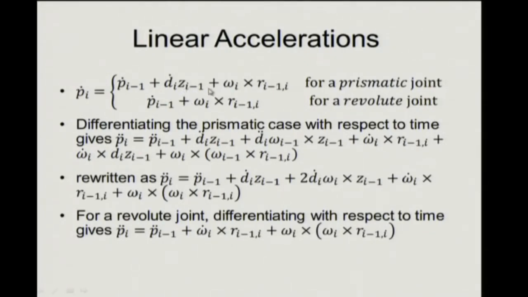We have to take the derivative of z I minus 1, which will be d I dot omega I minus 1 cross z I minus 1.